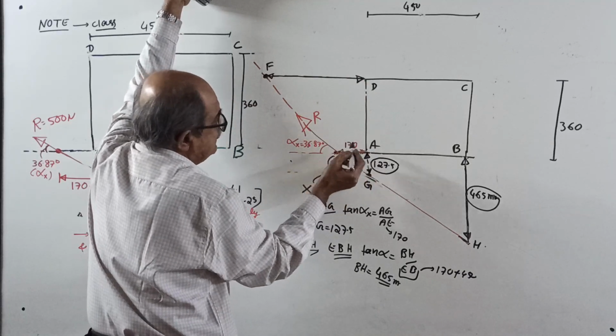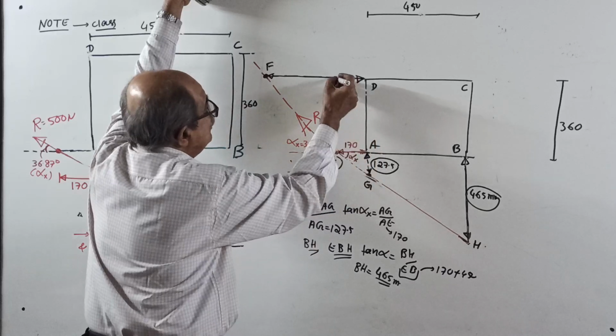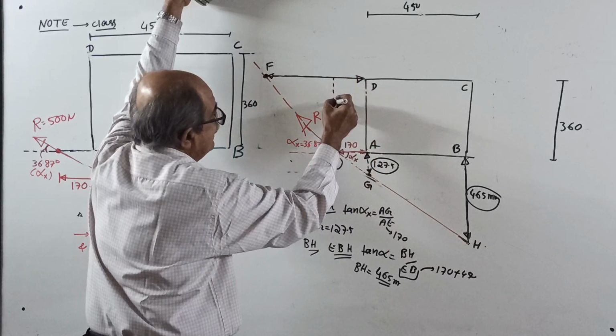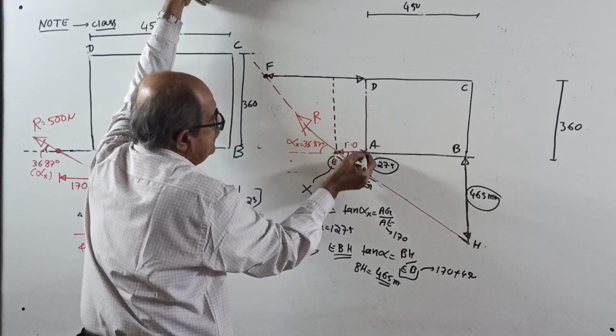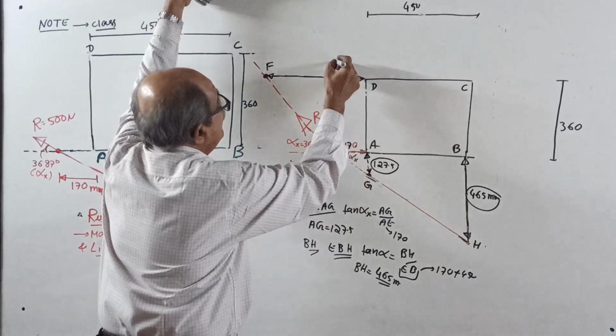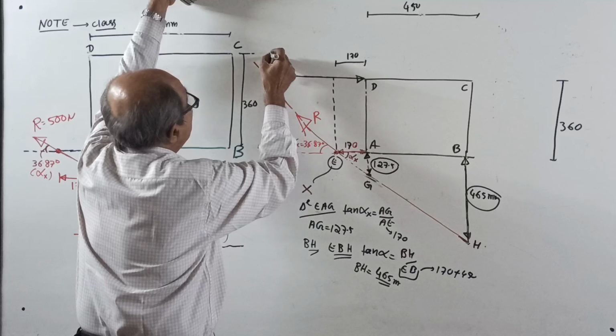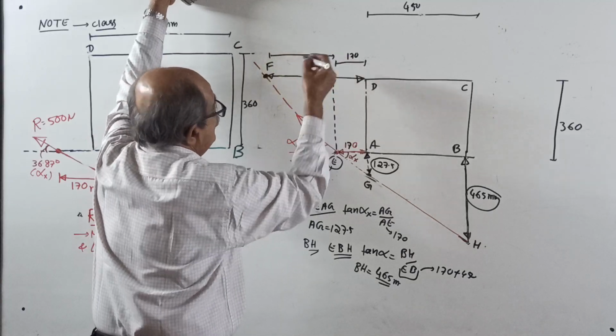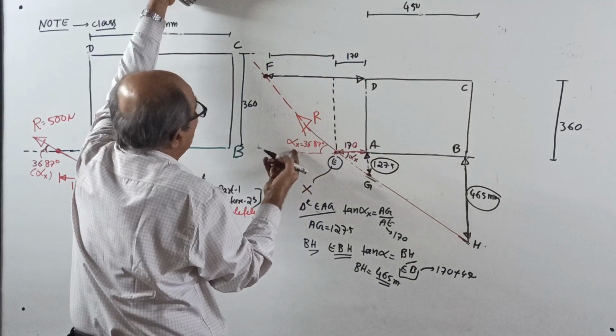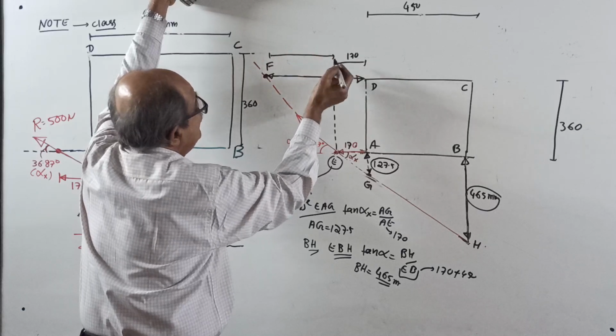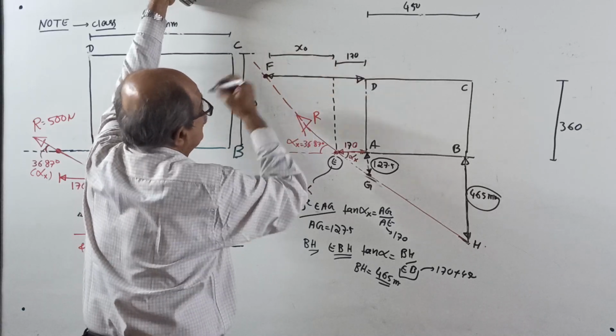To get that distance, you can use one thing. You put a small dotted line here. If this is 170, this also is 170. This is some new number value. Just for fun, take it as x naught.